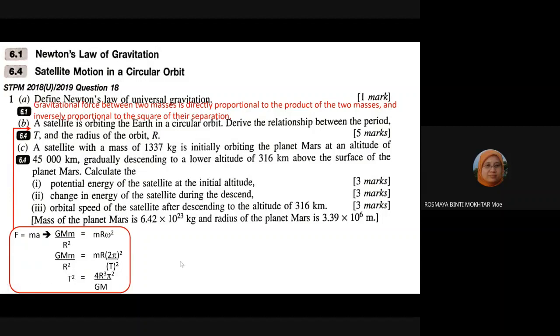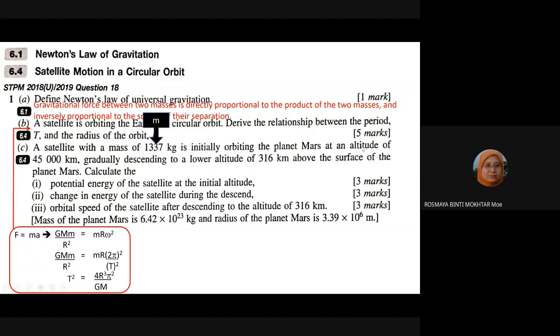If no other question, we go to 1C. For 1C, a satellite with a mass of 1,337 kilograms is initially orbiting the planet Mars at an altitude. Be careful here, altitude. If you meet this word, altitude is measured from where?